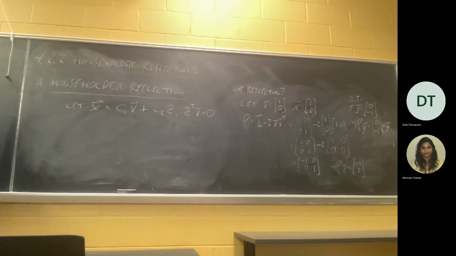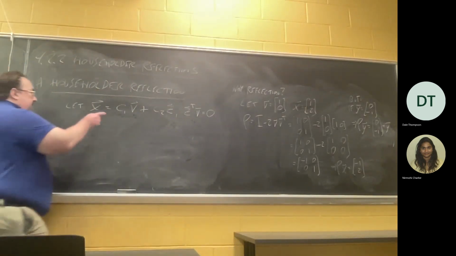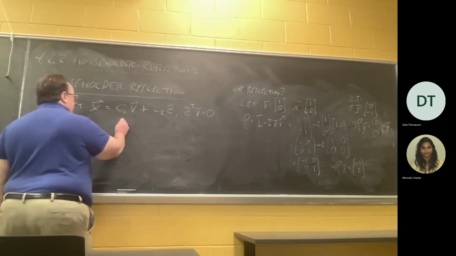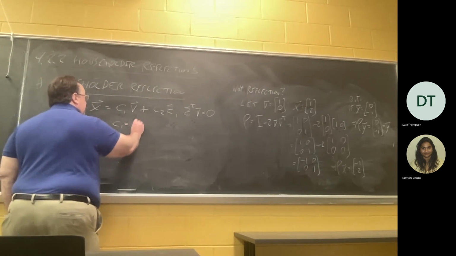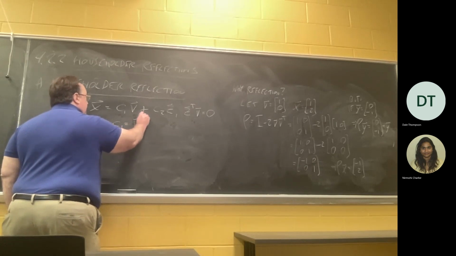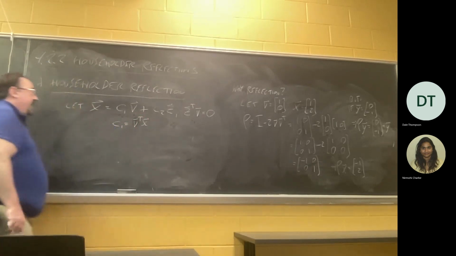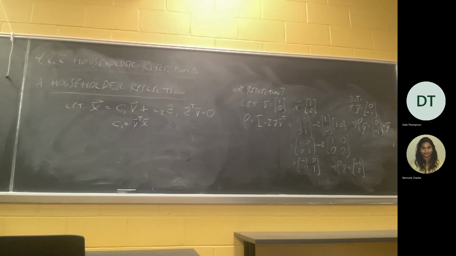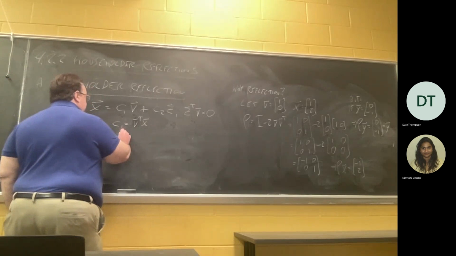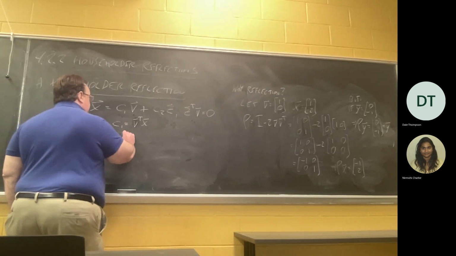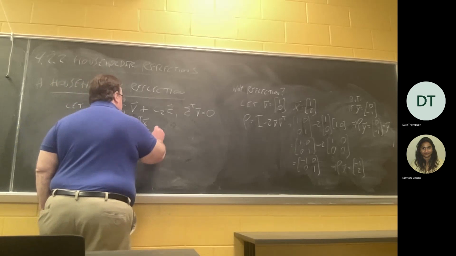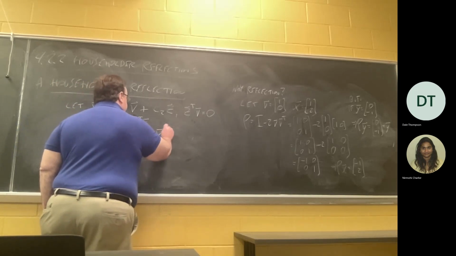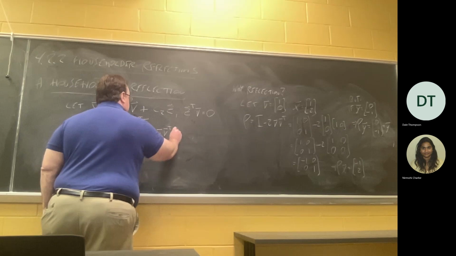So actually, I can tell you what the constant C1 is. C1 is equal to v transpose x. And C2 z is just the vector x minus v v transpose x.